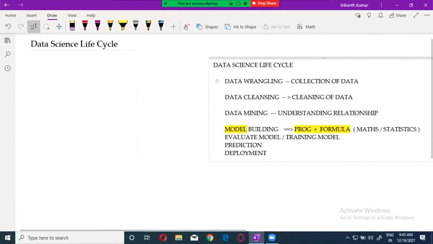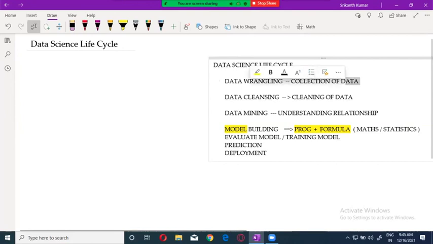I explained that the whole of data science is nothing but dealing with the data only. You're going to deal with the data in great detail, and so the collection of the data is really very important.